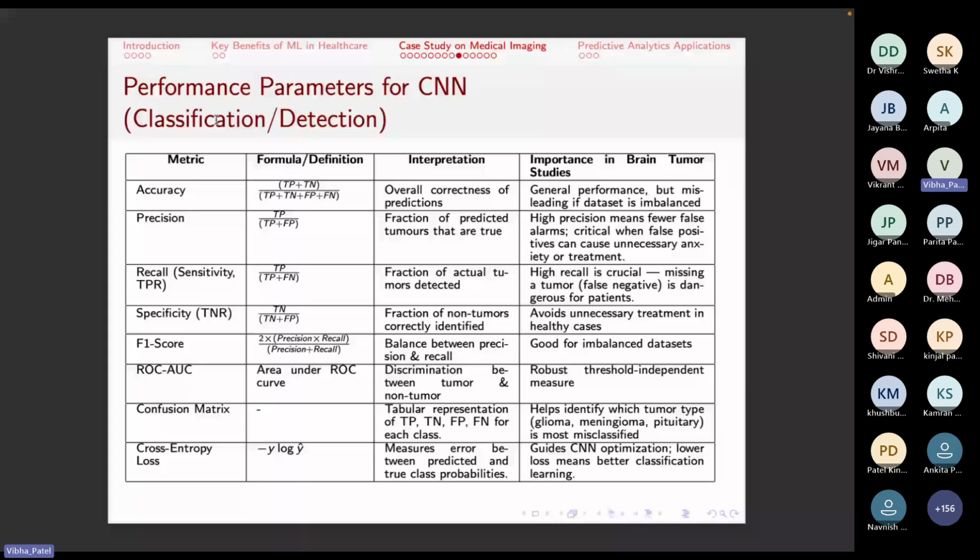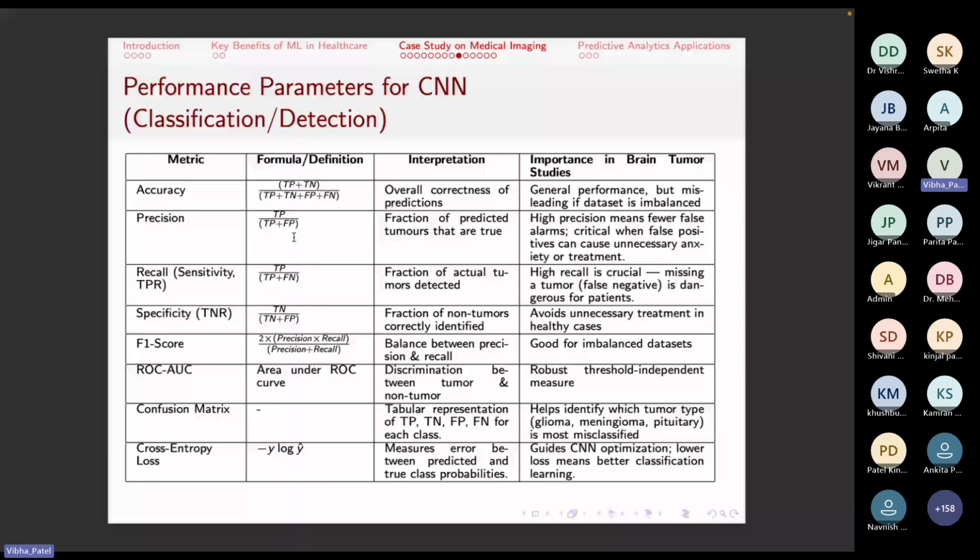If someone is not suffering from diabetes and you say that you are suffering from diabetes, or if someone is not having cancer and you say that you are suffering from cancer, this may actually create a hype in that person. So he may start taking medications in spite of not being required to. There will be unnecessary anxiety in the person because of high false positives. So if high precision is there, you are actually avoiding this kind of scenario.